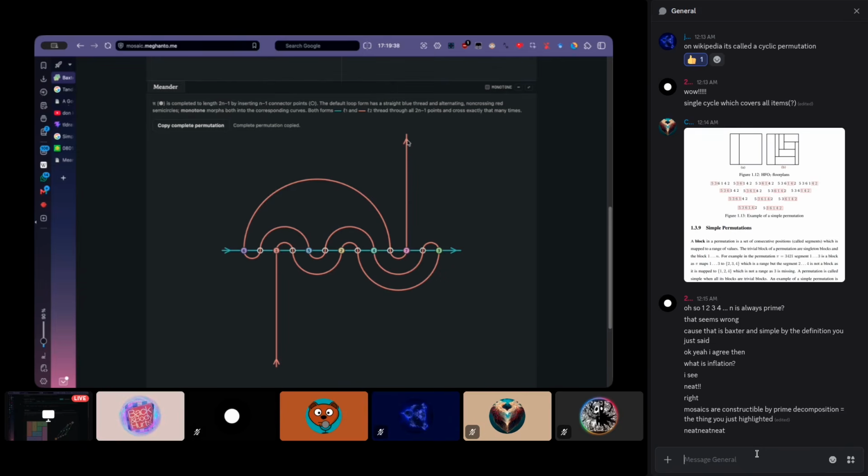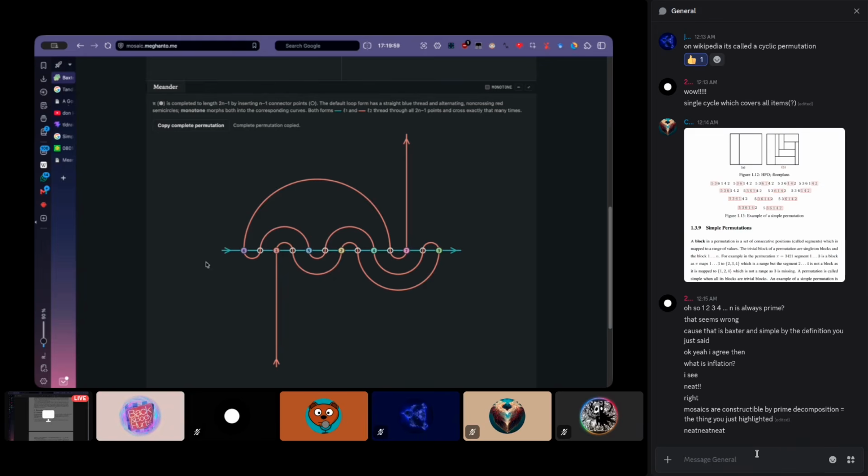This is a meander. It's like a river meandering through this line. So each meander encodes a specific permutation. And we can kind of see why that would be the case, yes?